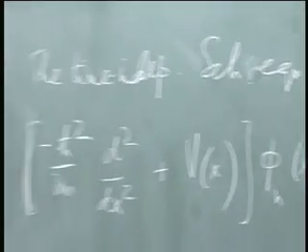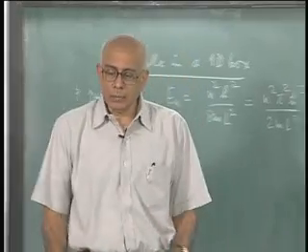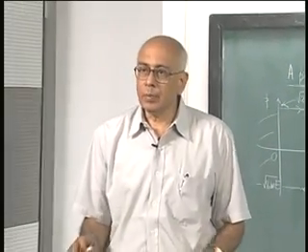That was the time independent Schrodinger equation, and now let us look at V of x is 0 inside the box, it is infinite outside the box.